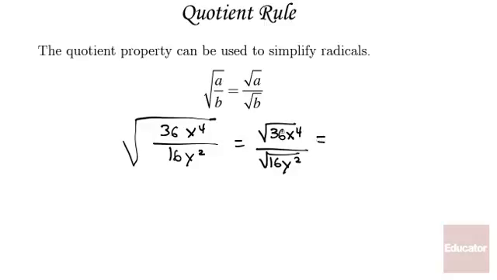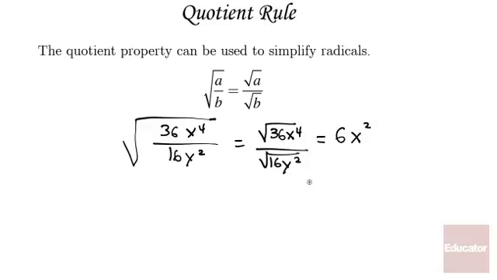Using the product property, I'm going to look and see what I have, and do I have perfect squares? I do, and I actually don't even need to split them off because 36 is a perfect square. So I'm just going to go ahead and pull the square root of 36 out, and that is 6. And then I have x to the 4th. And remember what we just talked about with even powers. This is going to be x, 4 divided by 2 is 2.